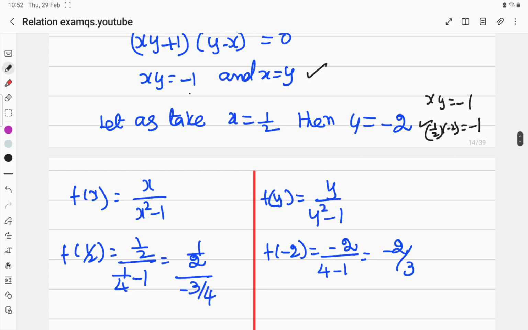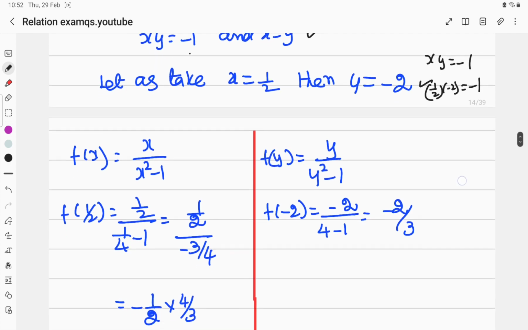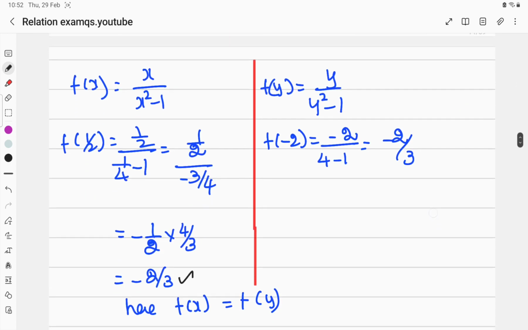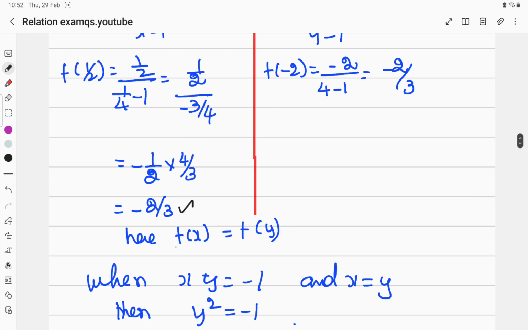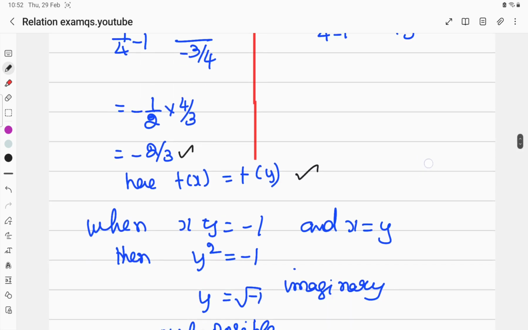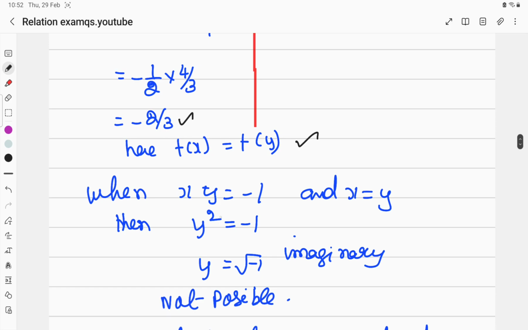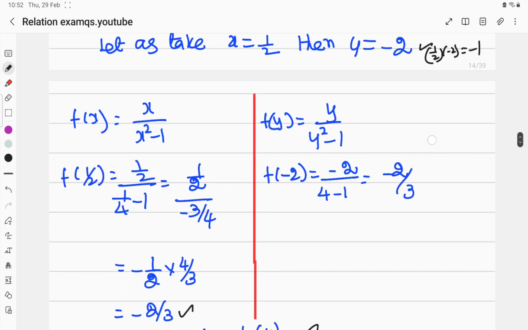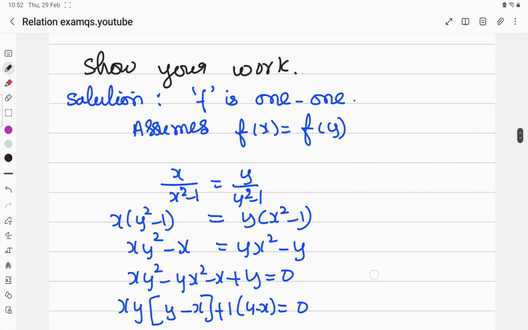Similarly, put y = -2 in f(y), we get f(-2) = -2/3. Here we get f(x) = f(y) when xy = -1, and we also use the other result, x = y.